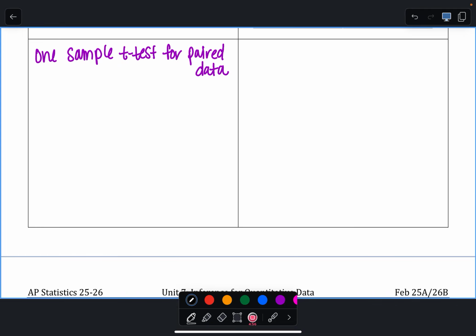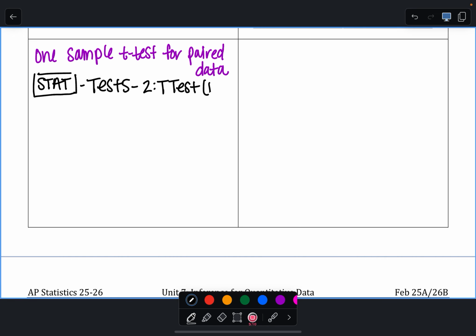So this is going to be stat. This is our stat button. This is going to be tests, and it should be test number 2, the t-test. And we are going to be on the data side of things. So it does have the same features as the t-interval.